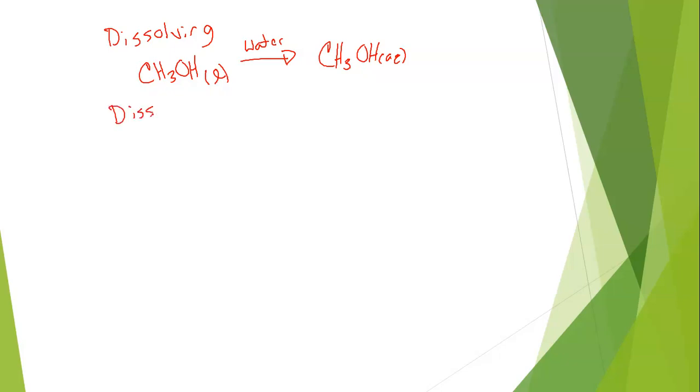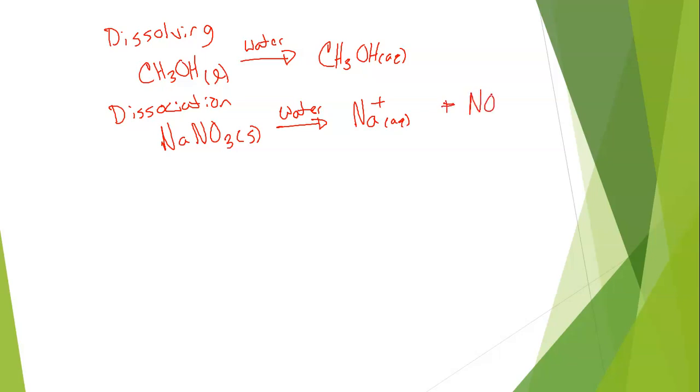Dissociation, we can get two different situations. One would be something on our solubility table that will dissociate. The other one would not. An example would be sodium nitrate, which is a solid. When we mix it into water, it becomes sodium ions and nitrate ions.